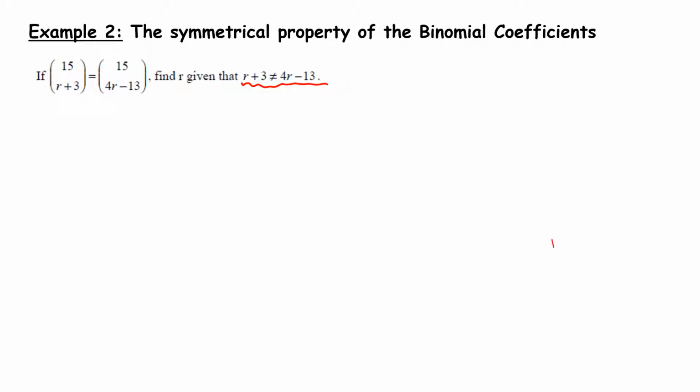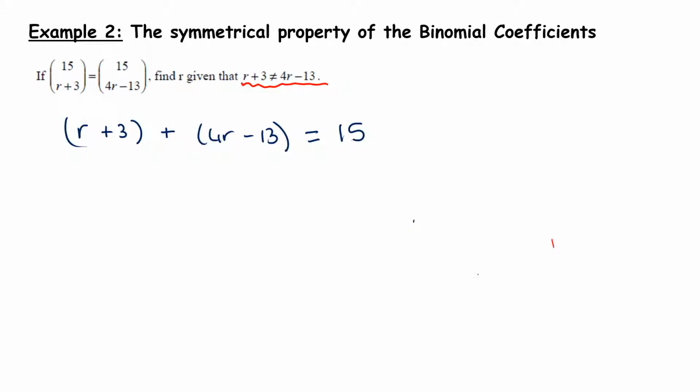So basically, whatever those r's are, they add to give me 15. So I know that r plus 3, when added together with 4r minus 13, should add up to my n, which in this case is 15.